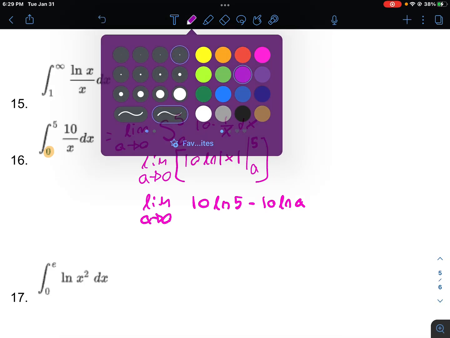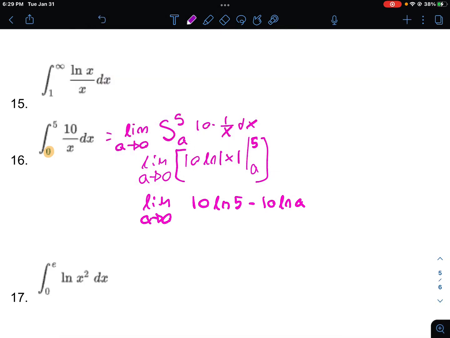Now, this first part is simply 10 ln of 5 minus 10 ln of a, and we're essentially approaching 0. What ln of a does when we approach 0, you have to know what ln looks like.